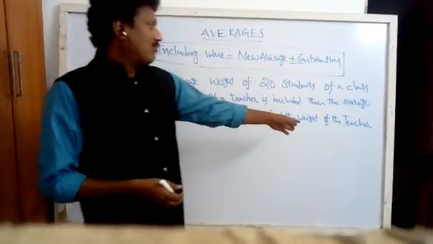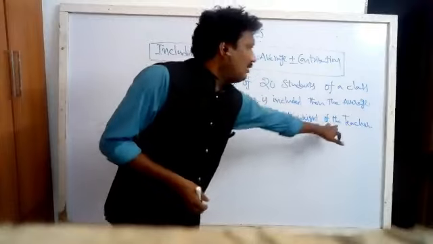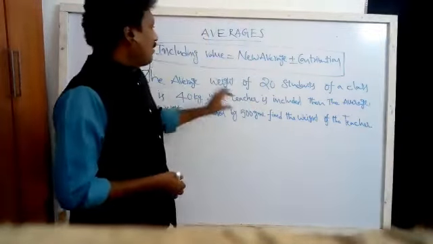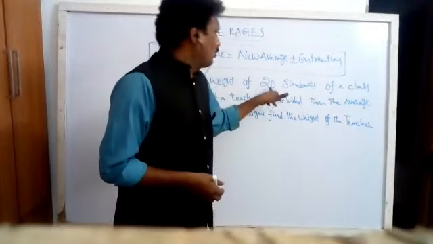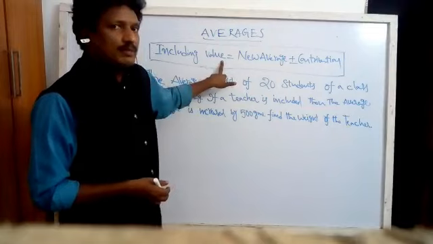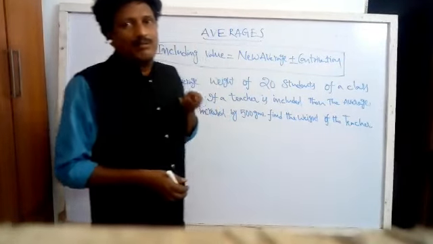So find the weight of the teacher. The one who comes in, the teacher, we have to find out. This teacher is only one person, added to this group of 20 students, so we should calculate the including value. That means we have to find the value of the teacher. We can call it the including value.